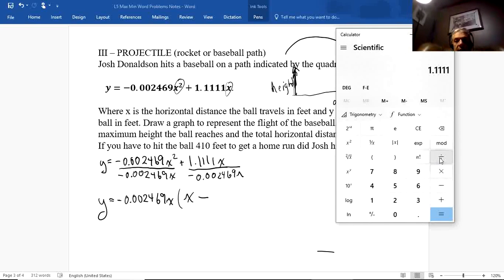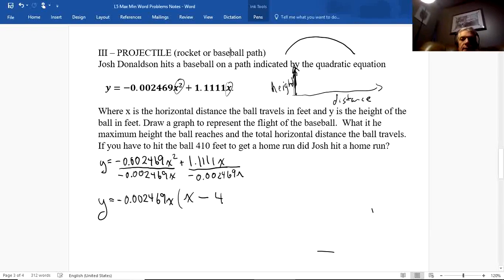And I'm going to divide it by 0.002469, and I'm going to make it minus, and I say equals. And look at that. Now it's pretty small there, but you can see this comes out as minus 450. There's a few decimal places after that, but let's be honest, 450 is really what I'm looking for.